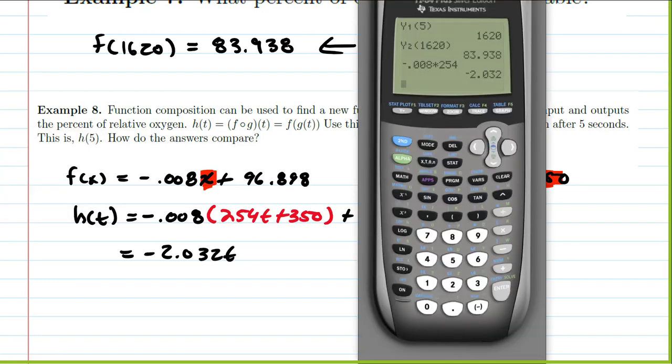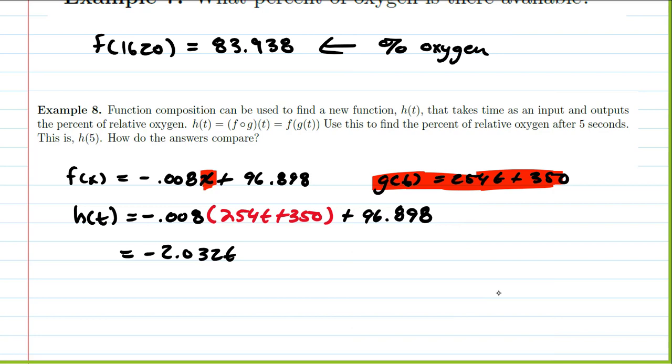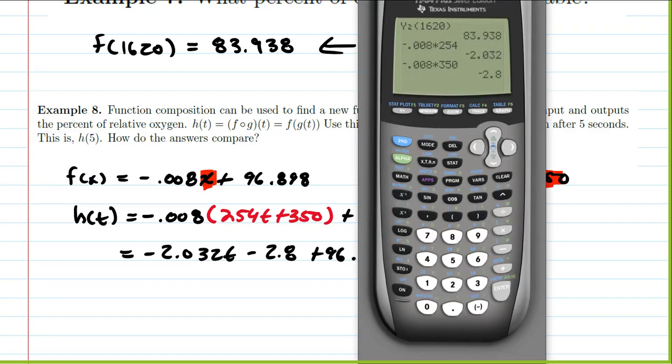So then if we multiply that out, we're going to get negative 0.008 times 254 gives us negative 2.032t, and negative 0.008 times 350 gives us negative 2.8. Plus 96.898, and we get 94.098.